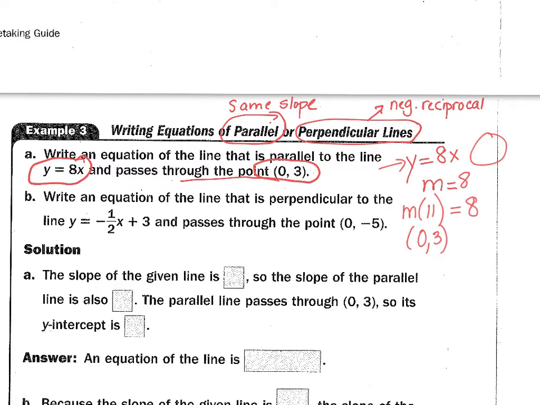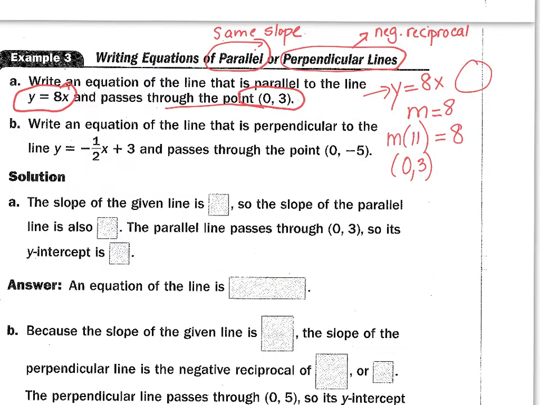What is that? This is the y-intercept. Notice how x is 0. At every y-intercept, x is always 0. So my b is equal to 3. If that right there is 0, that's the y-intercept.